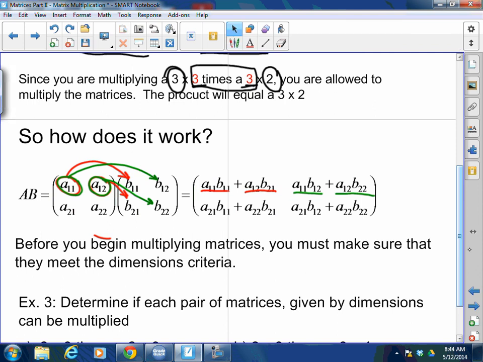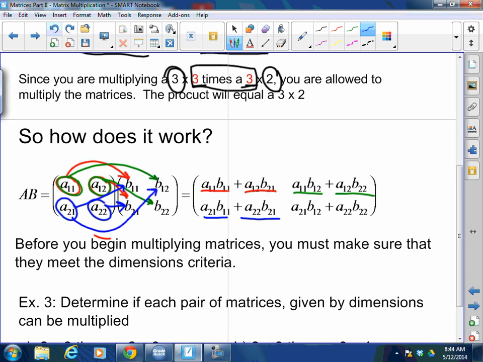Okay, it takes time to get a hang of this. Then this guy times him. Then this guy. Then this guy times him. Then this guy times that. Then this guy times that. This guy times that. Okay?